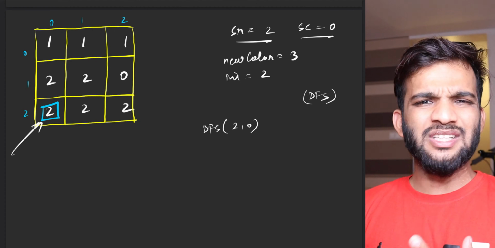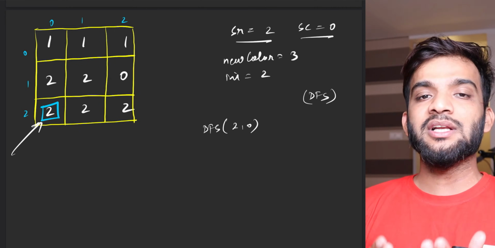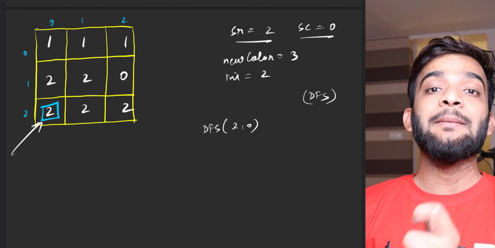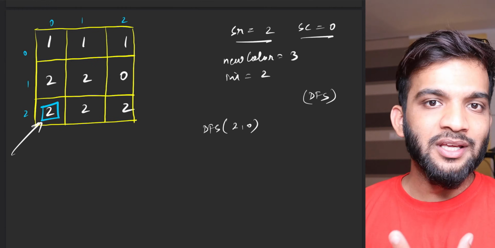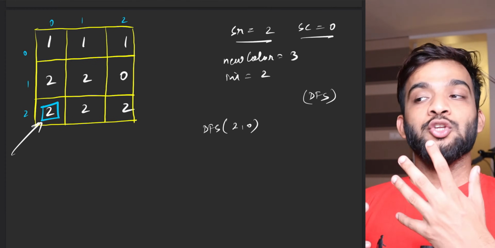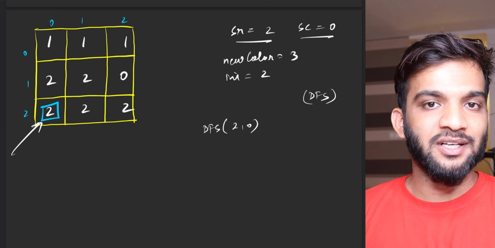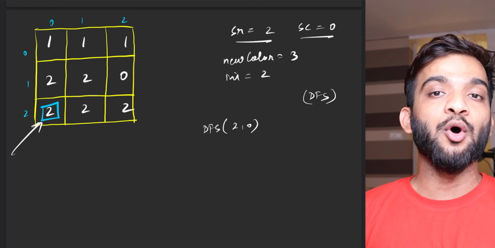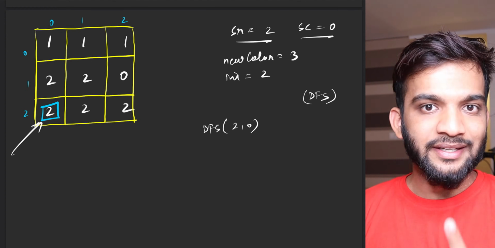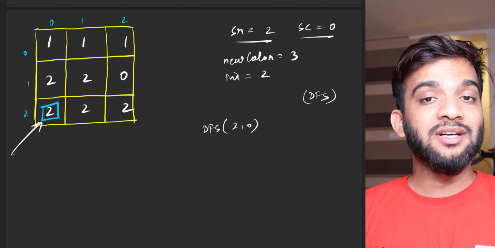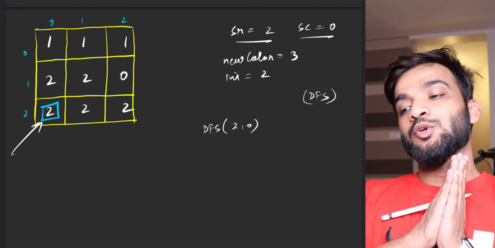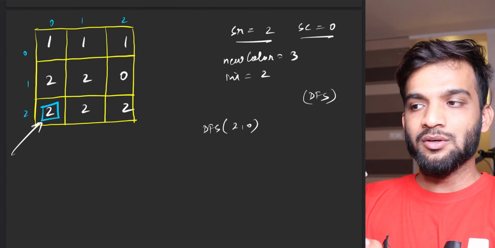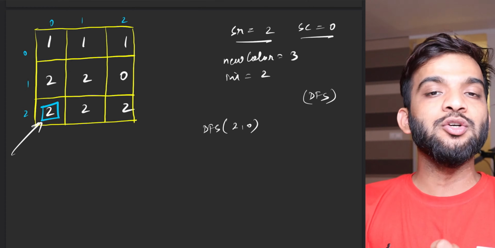So either you can use the same matrix, but I generally do not prefer to alter the input matrix. Why? Because whenever you go into the industry, whenever data is given to you, you work on that data. You do not tamper with the data, because data is very, very important. So we always have to treat the data as the data, and we do not tamper with it. We should always solve the problem without doing any alteration to that particular data.